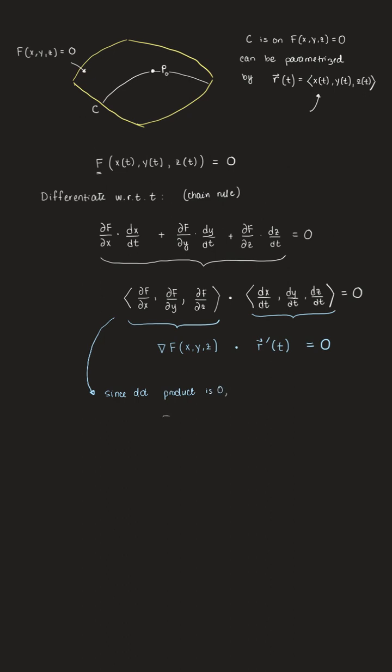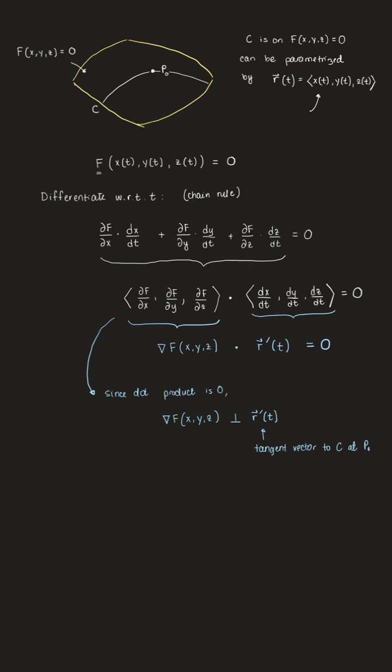We now know that our gradient at our point and our derivative of the vector function at our point, they are perpendicular to each other. And recall that this is the tangent vector to our curve at the point p sub 0. But really, we've derived this in a very general way.